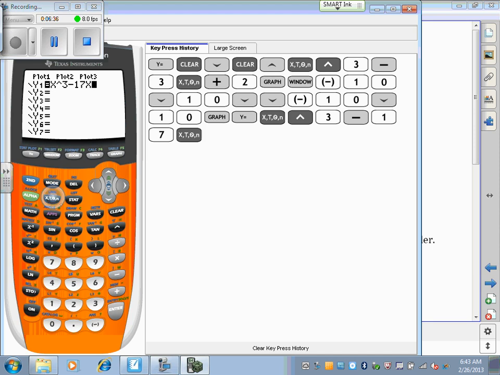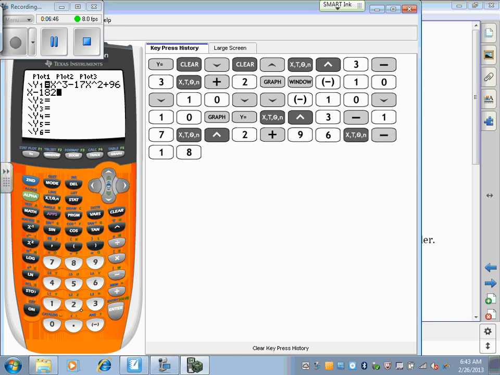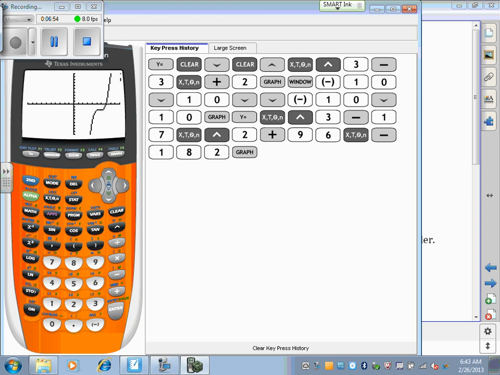Okay, let me see if I can talk and do this at the same time. Make sure you put this in correct, and then graph it. Okay, notice, this graph only goes through the x-axis one time.